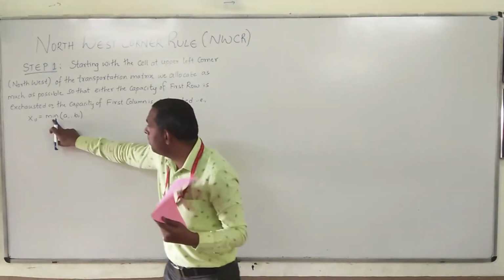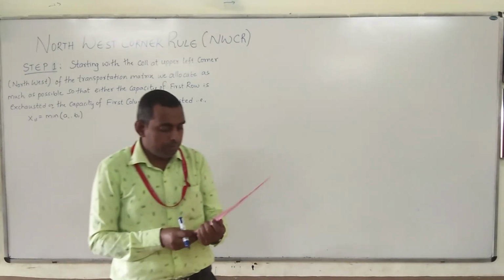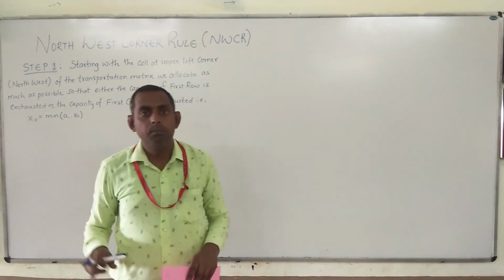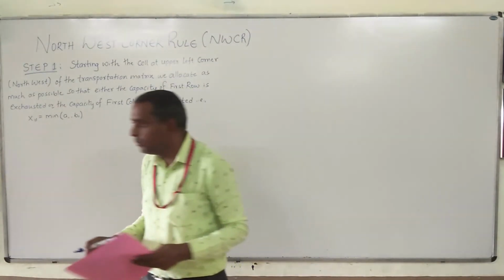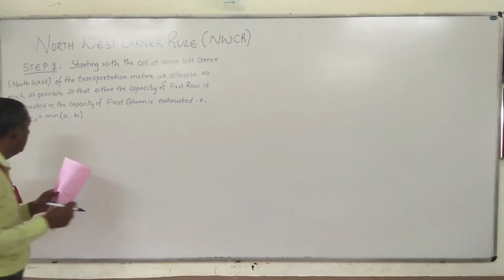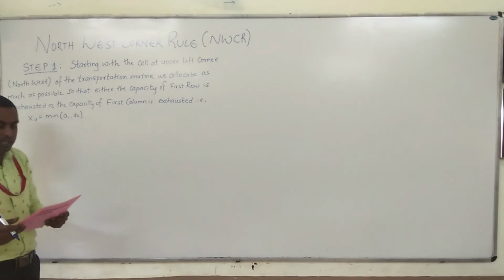So it is the minimum of A1 and B1. A1 is the first row, whereas B1 is the first column. So which is minimum, A1 or B1? Whichever of the row or column is minimum will be considered here.